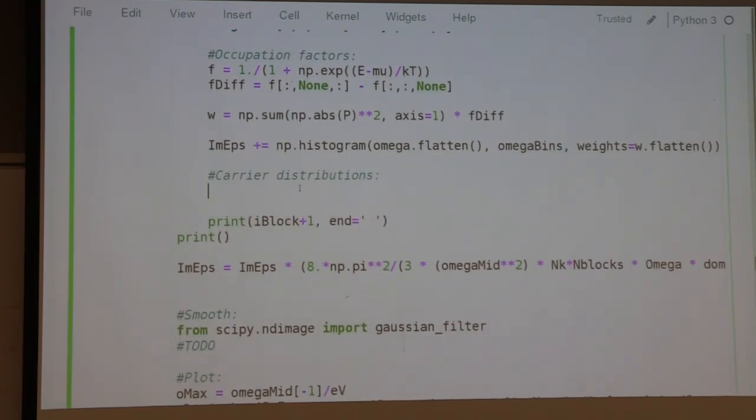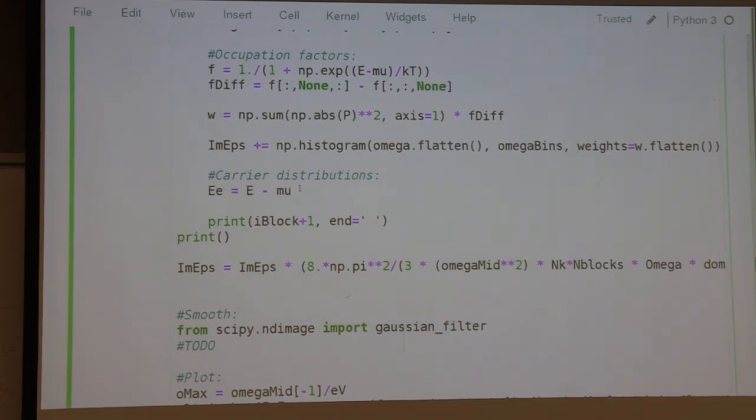Okay, so what I'm going to collect is the 2D histogram based on the frequency of the transition and the energy of the electron relative to the Fermi level, and separately I'll do it for the energy of the hole relative to the Fermi level, right? So I'll have the energy of the electron with respect to the Fermi level.